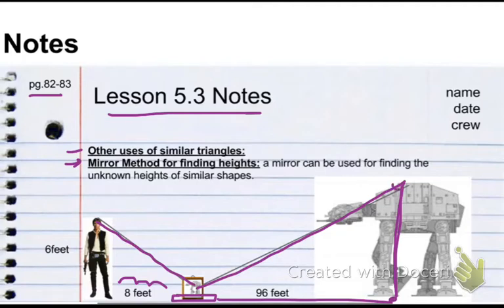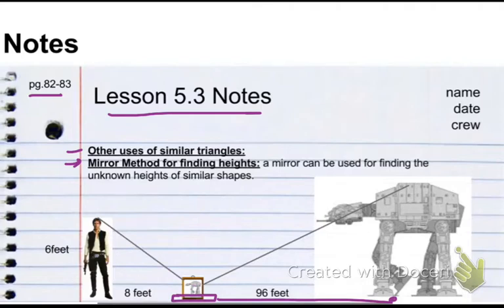So that beam of light travels from the top of the AT-AT to the mirror up to Han Solo's eyeball. And we know that it is a known distance from the walker there, and we can use math to figure out how high it is.